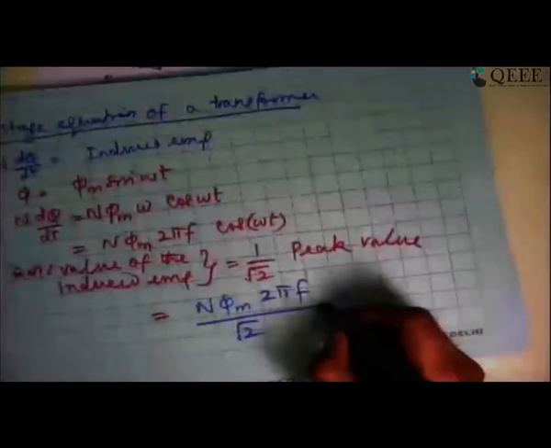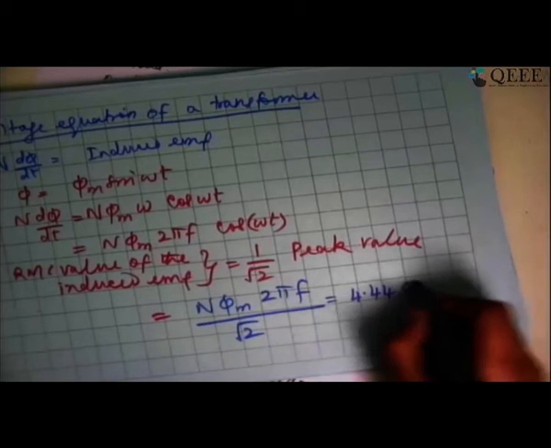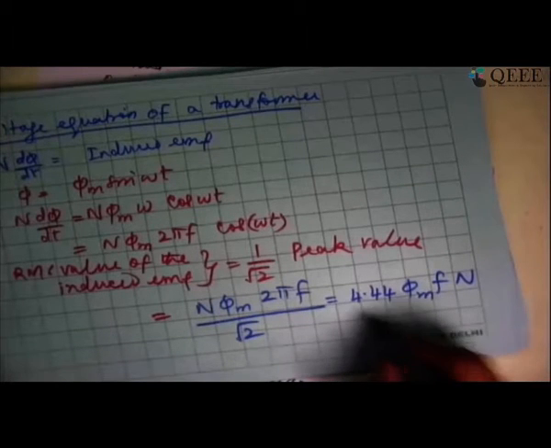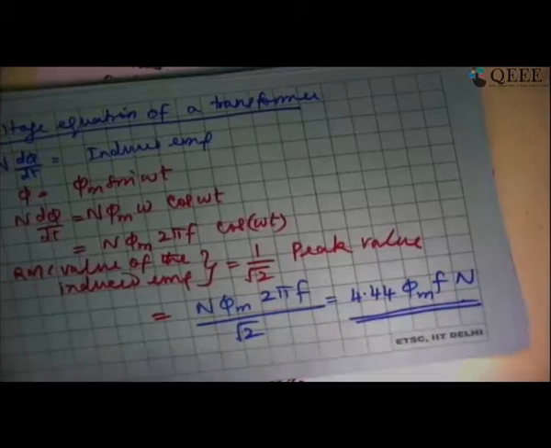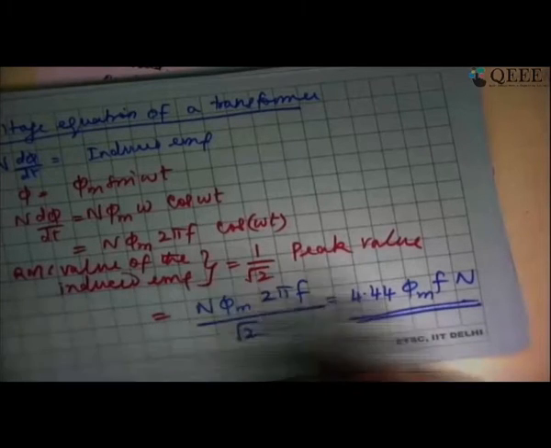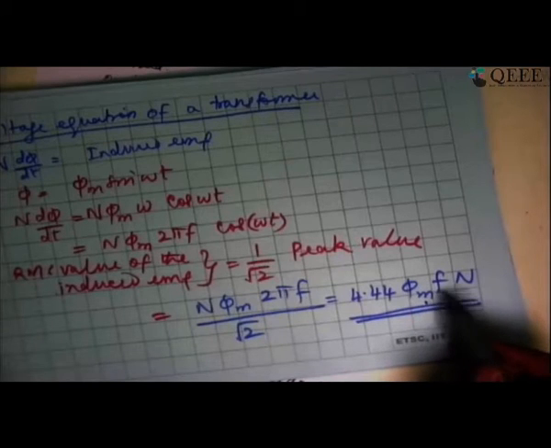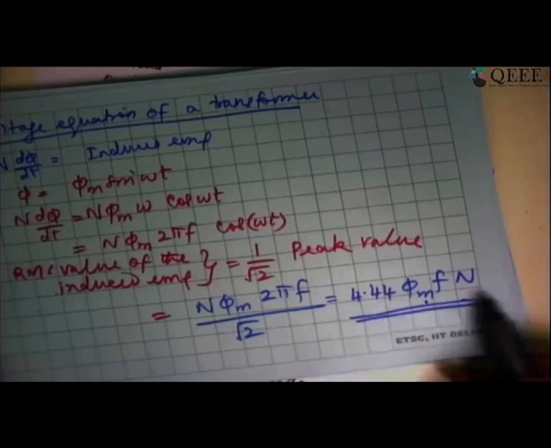So if you calculate this, this will give you 4.44 φm f N. This is a very, very important equation in a transformer, which indicates that the induced EMF in a transformer depends upon the maximum flux, the frequency of operation, and the number of turns. All three of them are extremely important.